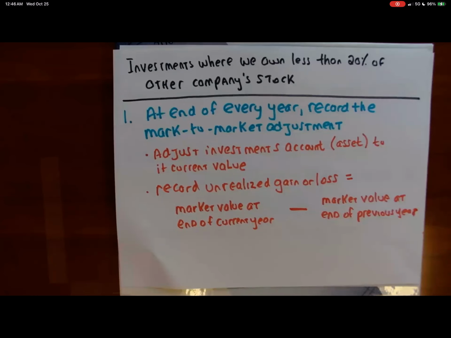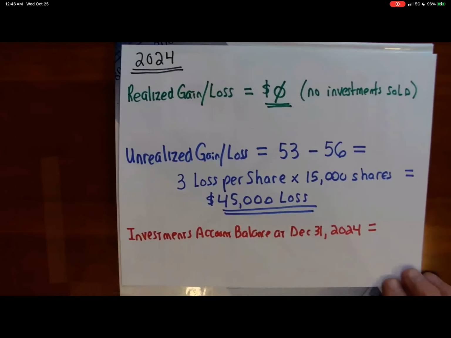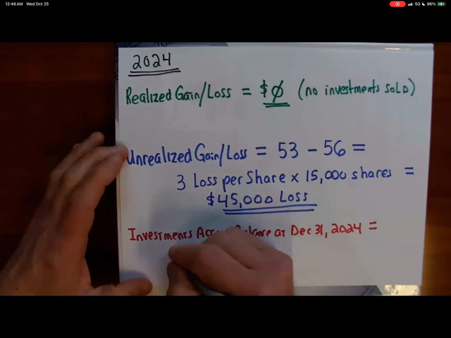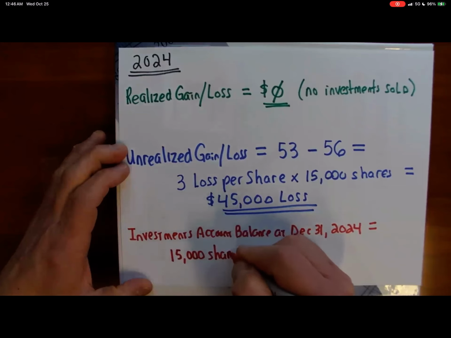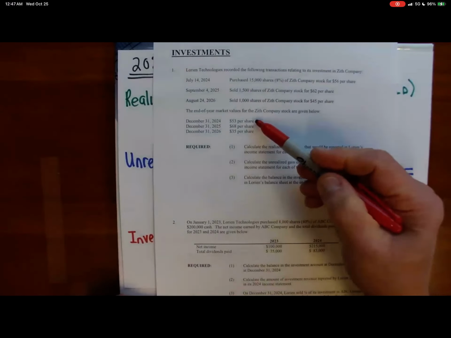The investments account at the end of every year is adjusted to its current value. So I think the easiest way to come up with this balance is to take the shares that we own, which would be 15,000 shares, and multiply by the market value at December 31 of 2024.